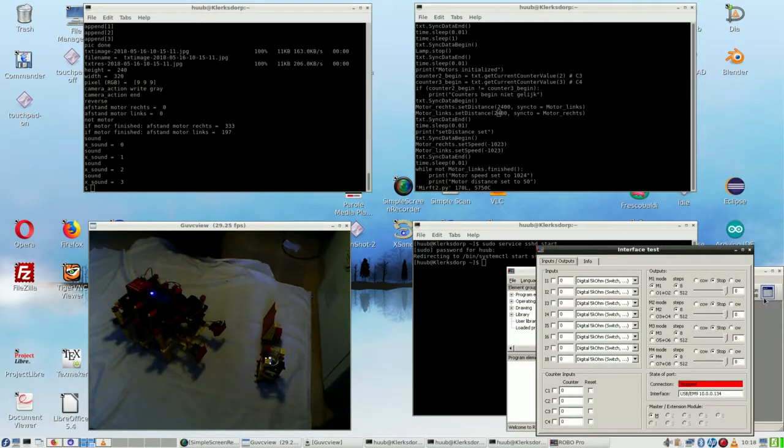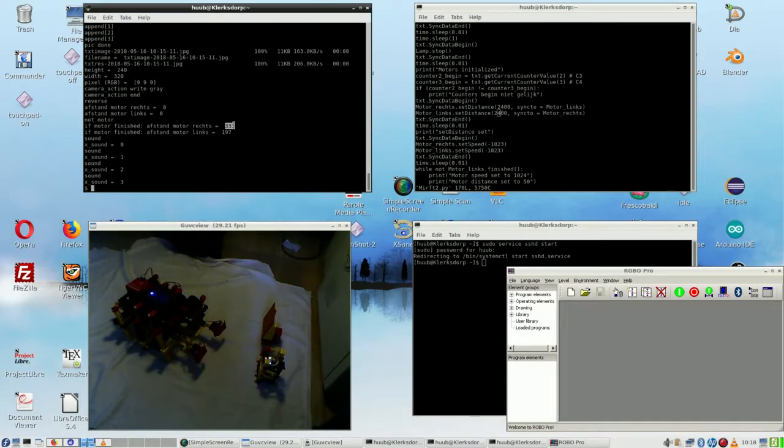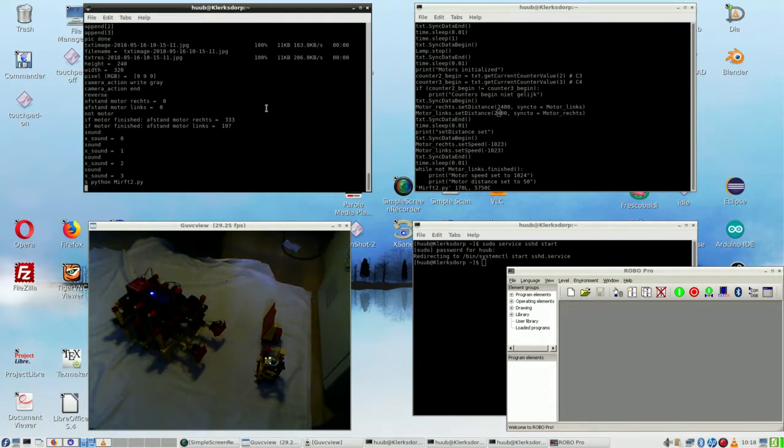Yeah, and another reset. The other is 0 anyway. So then this should end up at 300 something. Let's see. 600 something. Yeah.